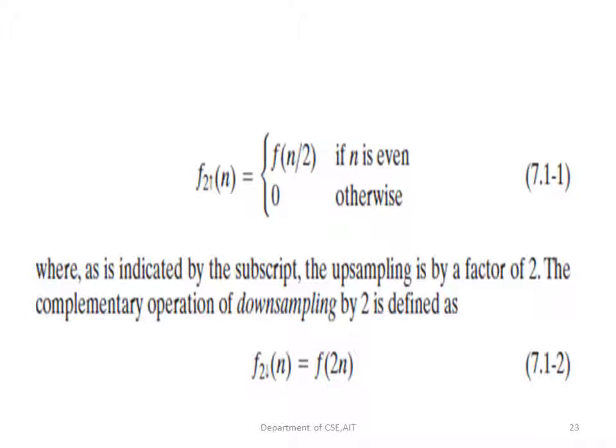You can see the up arrow mark here; the up arrow mark gives the upsampling.